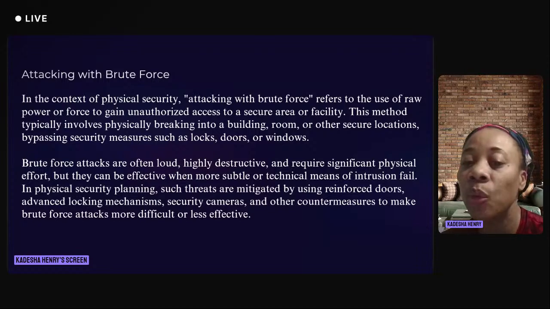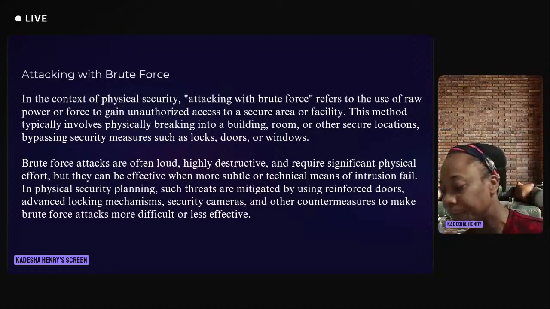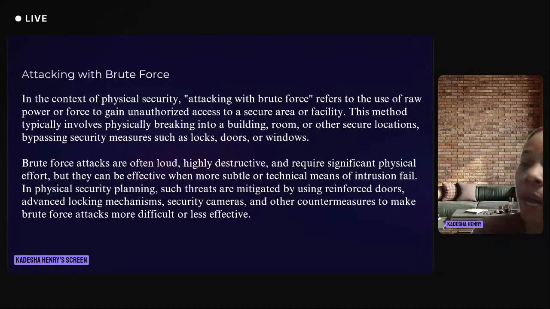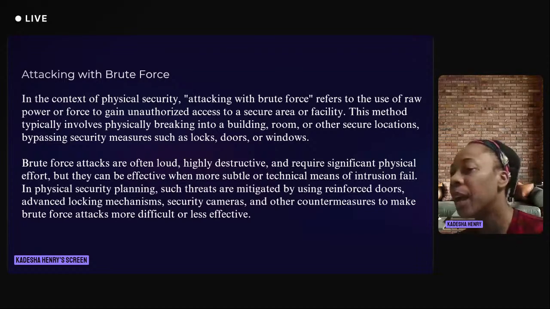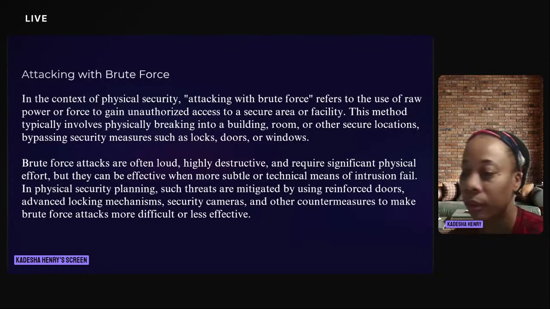So attacking with brute force refers to the use of raw power or force to gain unauthorized access to a secure area or facility. Why would somebody want to gain unauthorized access using brute force? Because brute force takes time.